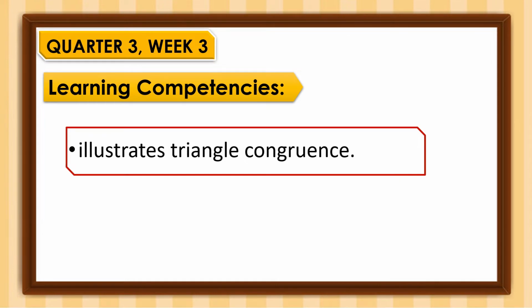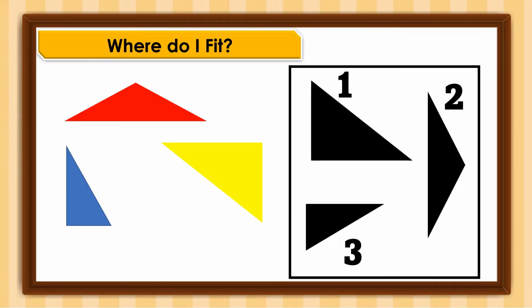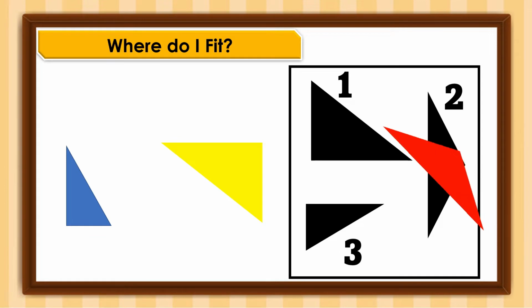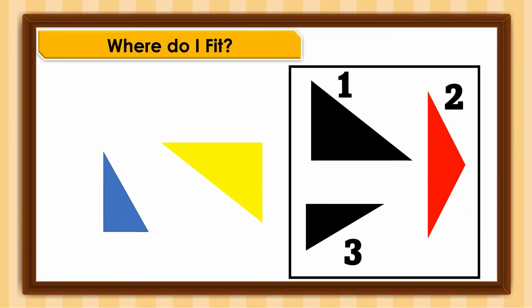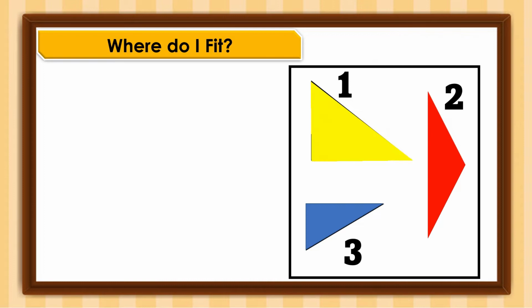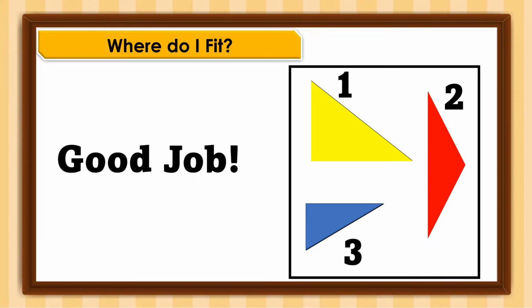Now are you ready? In the past video, we have a game entitled Where Do I Fit? And we answered that the red triangle fits in the hole number 2 and the blue triangle fits in the hole number 3 and the yellow triangle fits in the hole number 1, and we have a good job.